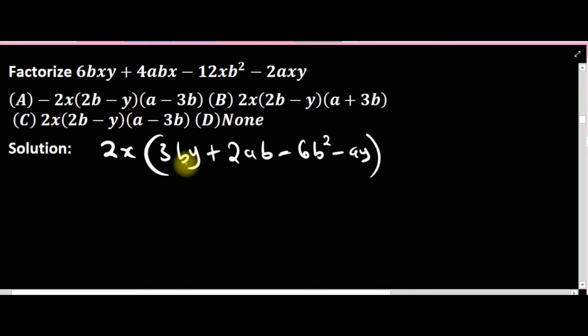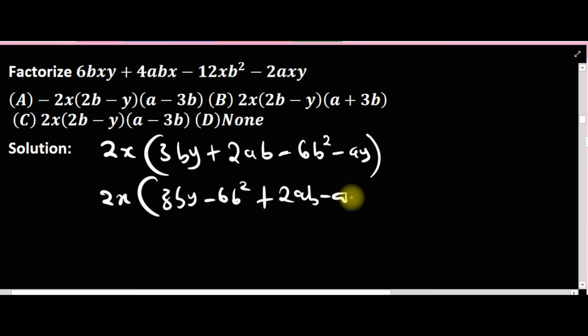Again, we need to factor the ones inside by grouping. We need to be careful in doing this. I'm seeing b in 3by, b in 6b squared, so I will bring this: 3by minus 6b squared plus 2ab minus ay. So we have 2x. What is common between these is 3, and again there is b.